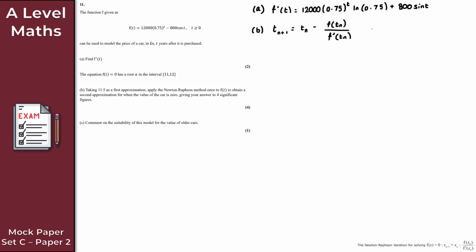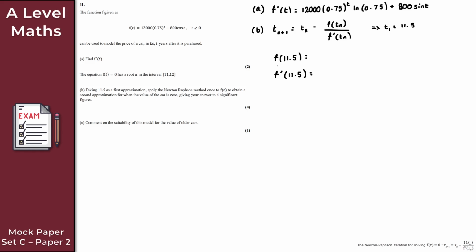And t1 here, our first approximation, is 11.5. So what I need to find here then is f of 11.5 and also f prime of 11.5.